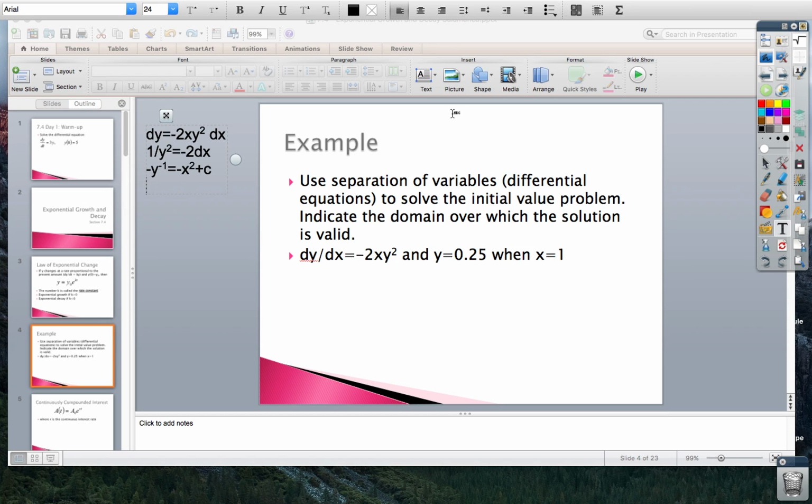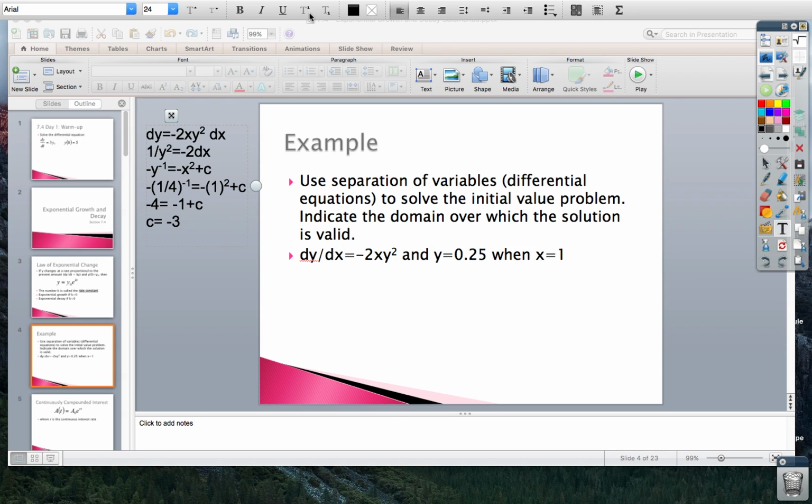So we're going to substitute both values in to find out what c is equal to. So we know negative 1/4 to the negative first power equals negative 1 squared plus c. This turns out to be negative 4 equal to negative 1 plus c. So c is equal to negative 3.